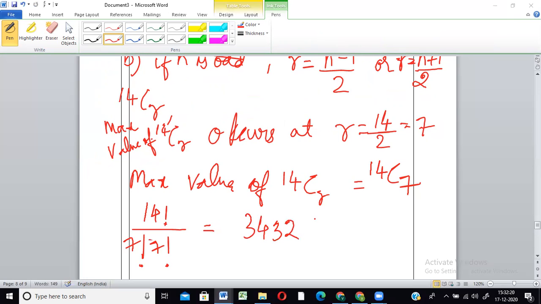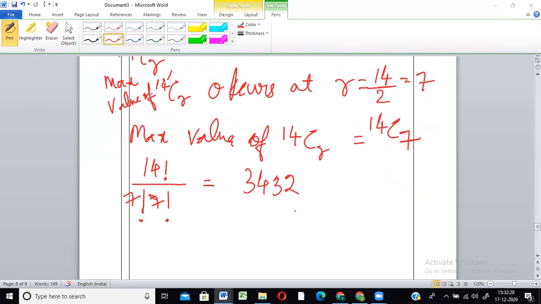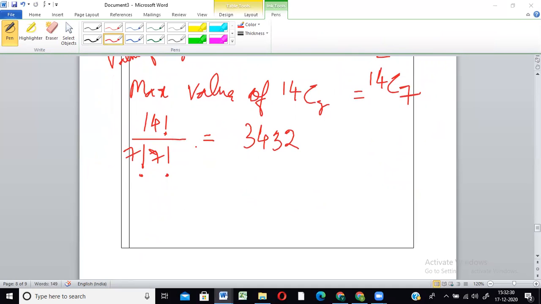I just showed you how we have to calculate the values of NCR. So I'm not repeating that again. Instead, that much time we can cover some other type of problems. Now we have done it for 14CR. We also have 12CR. So now we will do the same thing for 12CR. 12CR again, 12 is even, N is even.